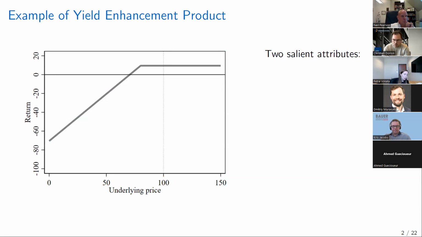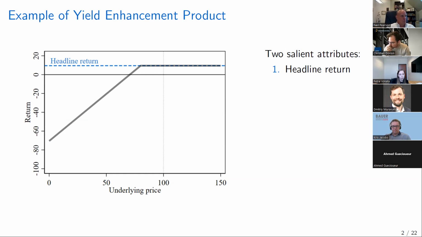The way these securities are quoted to investors is via two what I call salient attributes or headline rates. This is the headline return. So this would be the coupon rate the security offers, here denoted with a horizontal blue line. So this is also the best case scenario, the expected return in the best case scenario.